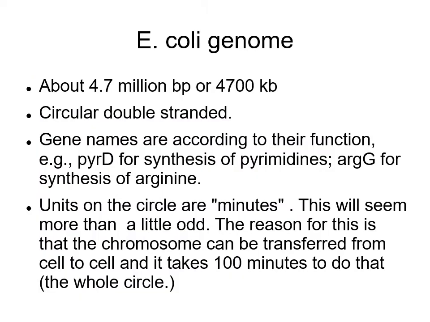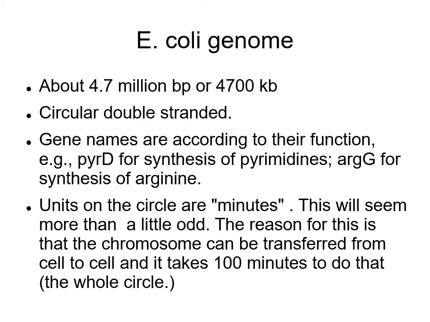Okay, in terms of its genome, E. coli is a little on the big side prokaryote-wise, but not too much, about 4.7 million base pairs. Now, one important difference that we're going to have to be considering is that the genes are named according to their function. So we're not used to this kind of nomenclature, but they're all named according to what their job is to do.